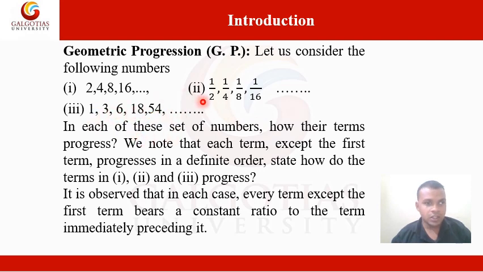So how can I judge whether these are in geometric progression or not? In each of these sets of numbers, how do their terms progress? They are progressing in a unique way, or they are reducing in a unique way. So we note that each term except the first term progresses in a definite order.